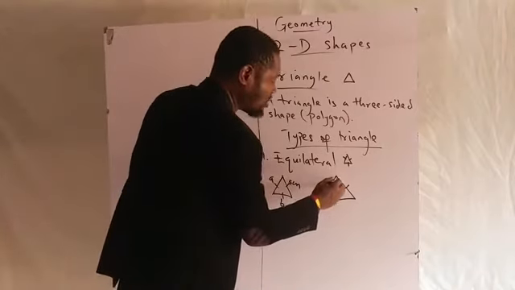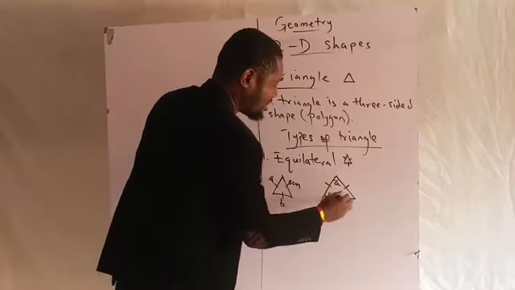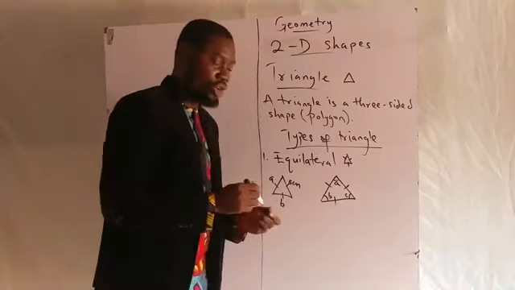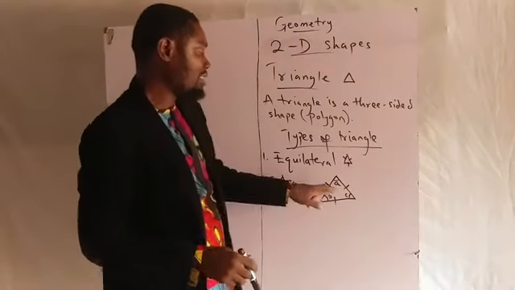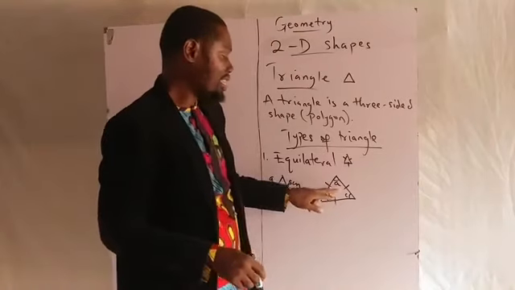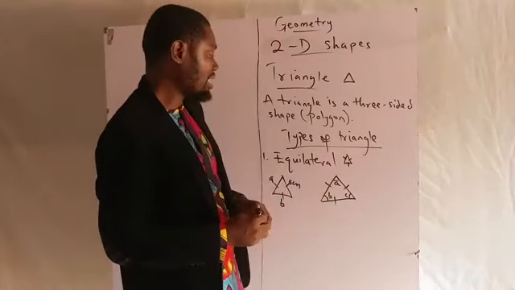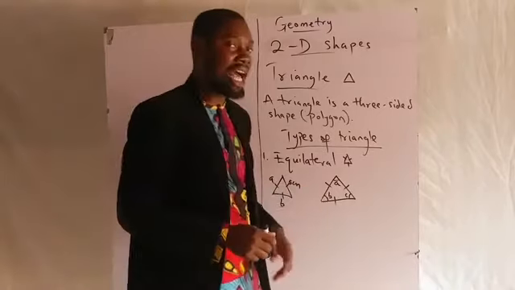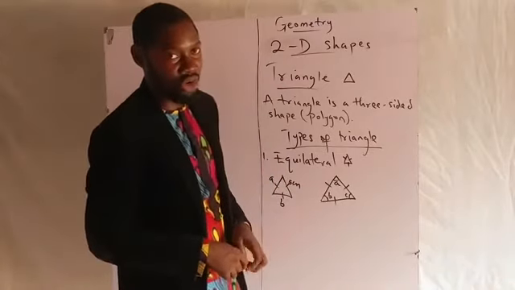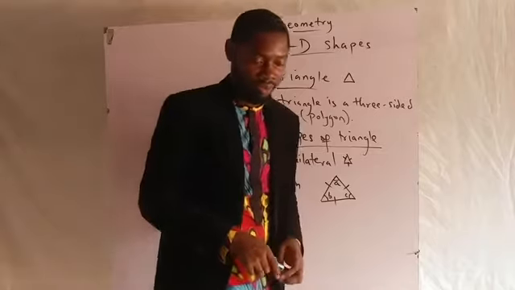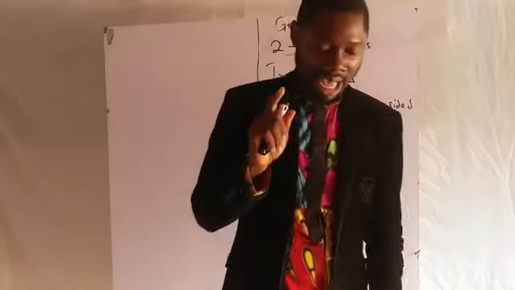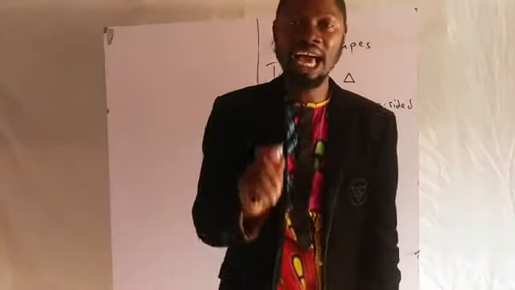If here is 60, here will be 60, here will be 60. That is how it works. An equilateral triangle has equal sides and equal interior angles.